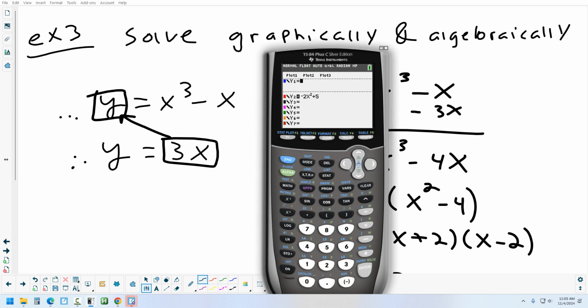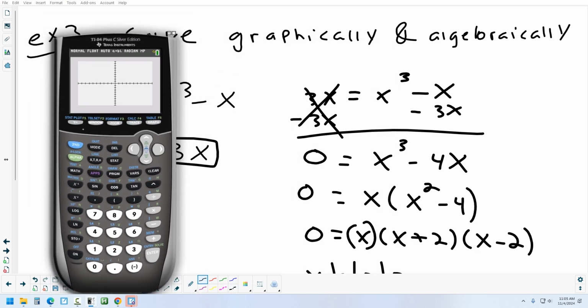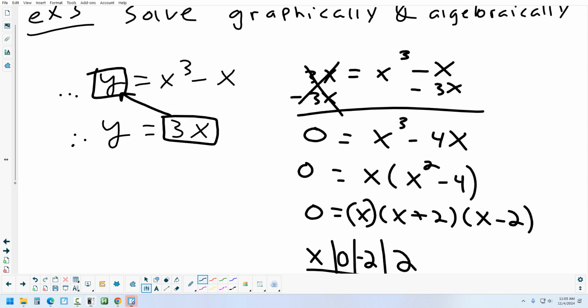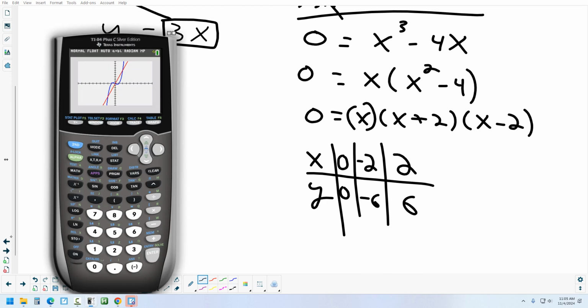So let's type in x cubed minus x and 3x. Now, I don't need to change my window because I already know the x's and the y values. They're all between 6 and negative 6. So I already have the advantage of knowing the standard window is going to work fine. I'll just find one of them.